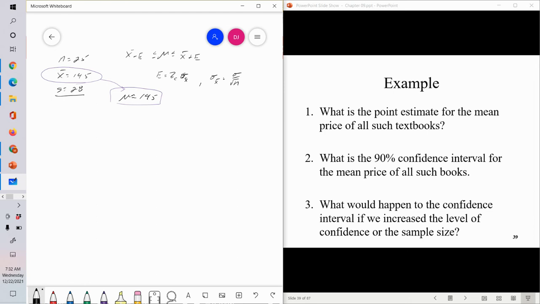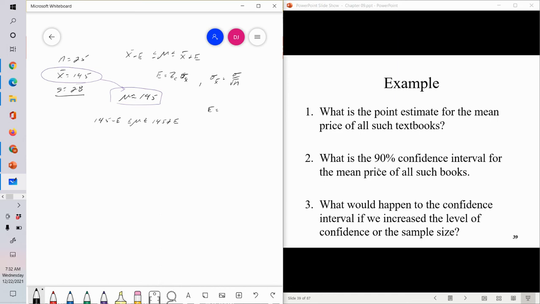So I know that mu, my interval estimate, is that mu is going to be somewhere between the 145 minus a margin of error and 145 plus a margin of error. Okay, so what's the margin of error?